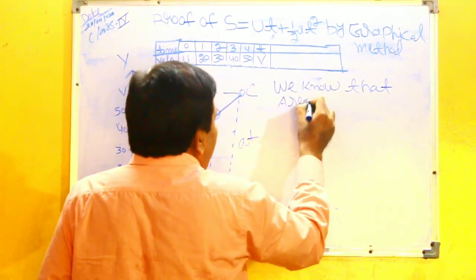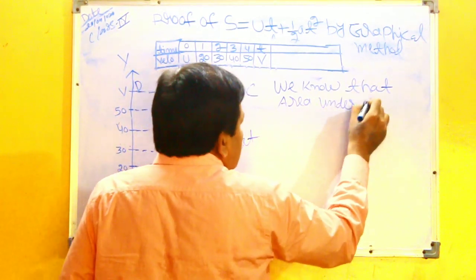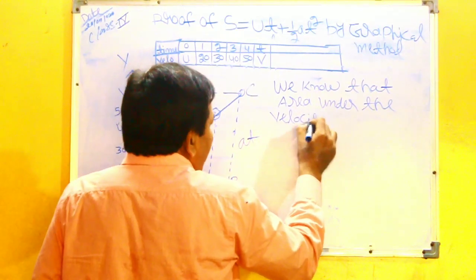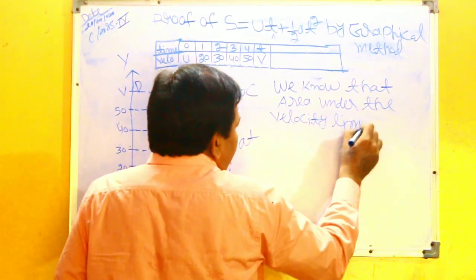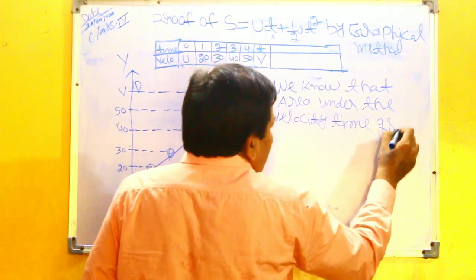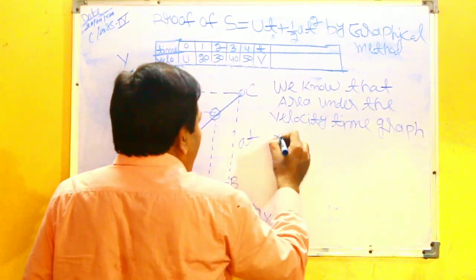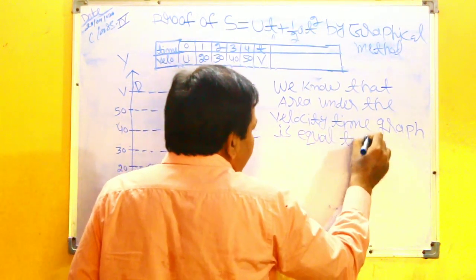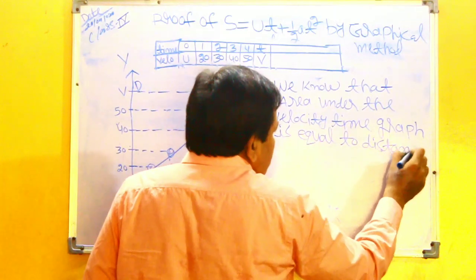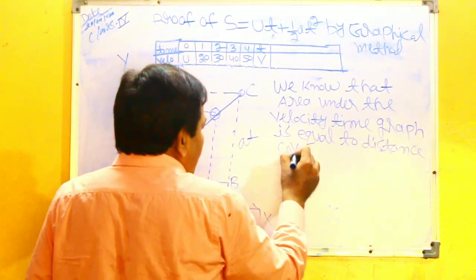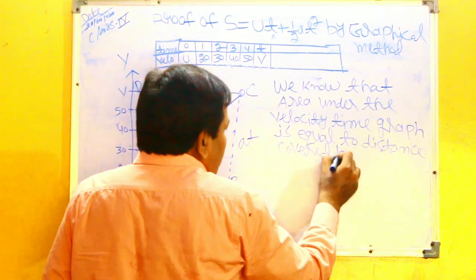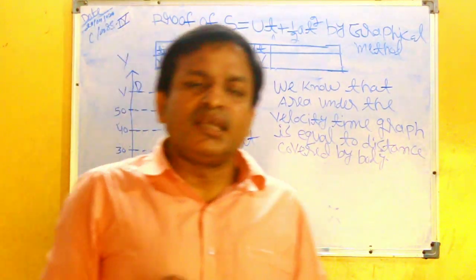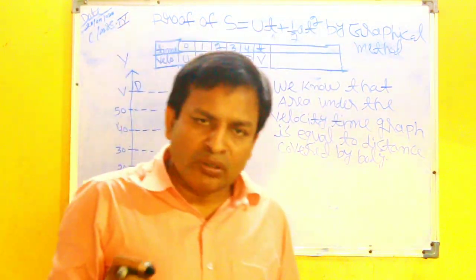So it means the distance covered will be equal to the area under the velocity time graph.